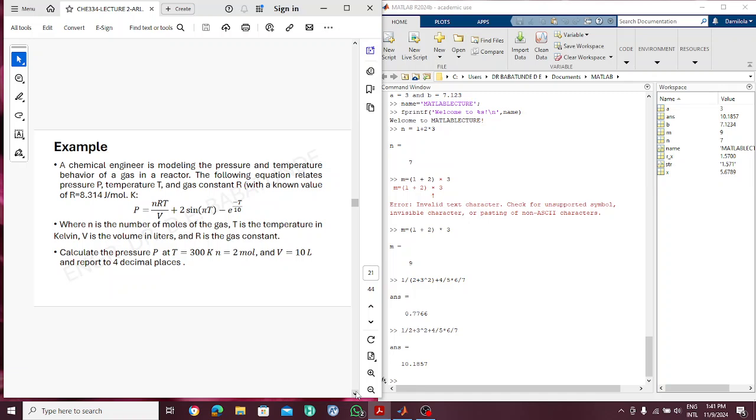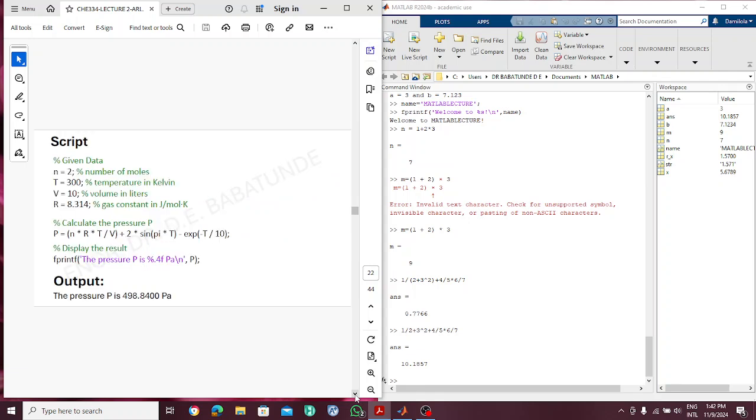So what we are trying to look at is using the basic operators in MATLAB, the multiplication, the addition, the division, and also using built-in functions. Then we'll also have the built-in constant there. So that is what we are looking at with this question. So the first thing we should do in solving this problem is to state the data that we are given.